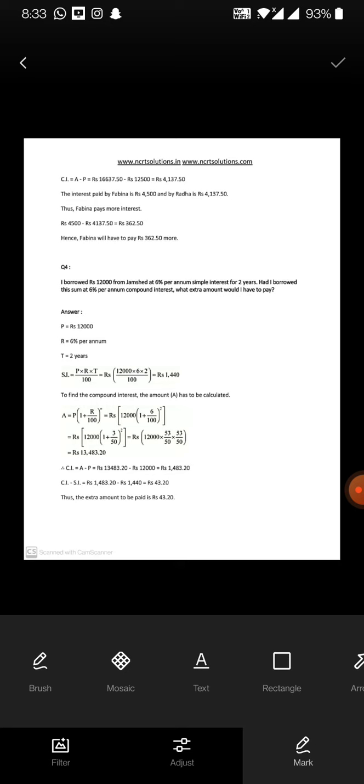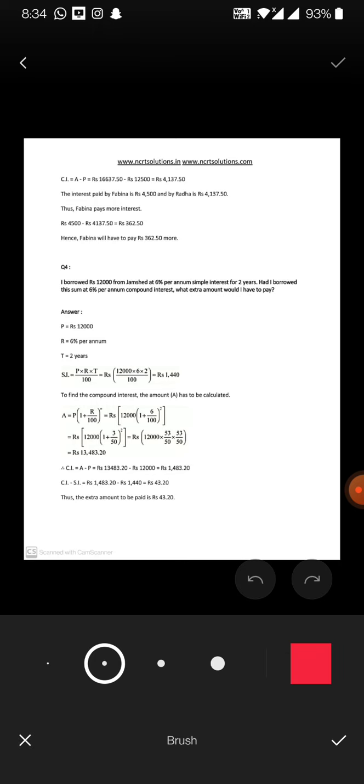Now the principal amount is 12,000 and the rate is 6% and the number of years is 2 years. Had I borrowed this sum at 6% compound interest, what extra amount? So here we need to calculate the compound interest and the simple interest both, and find the difference between both amounts. Clear?